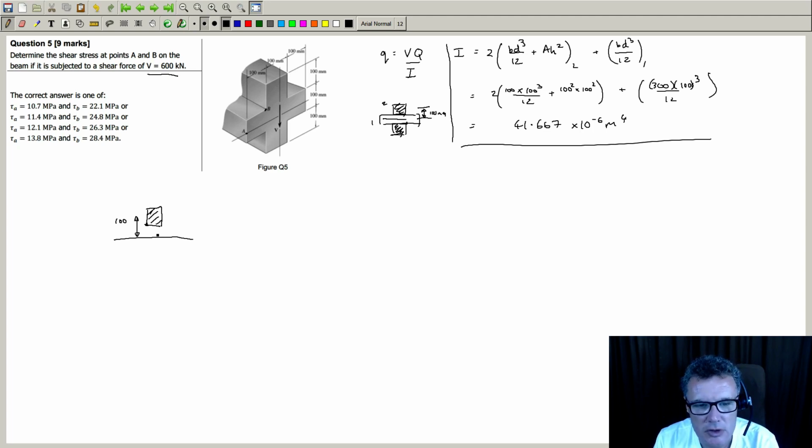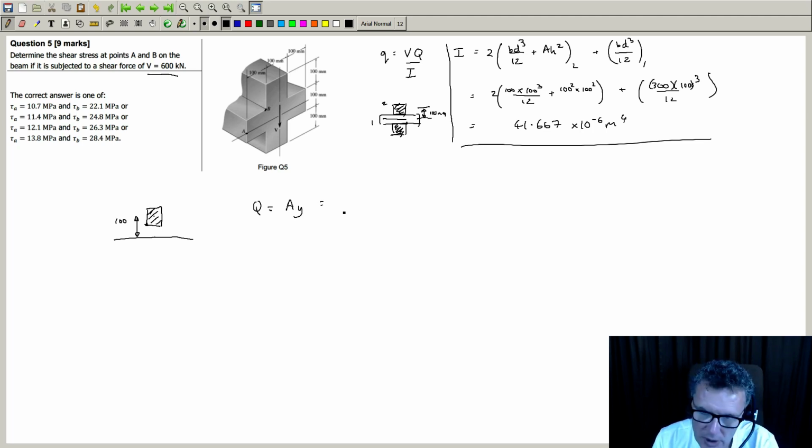So when you're looking for the shear flow, you need to cut it off at the position where you're looking for the shear flow, and then consider anything above it or below it. Easier to consider things above it. So Q is first moment of area. So it's the area of that block times by its centroid, which is the same as the H in this case. So we've got this distance from here to here.